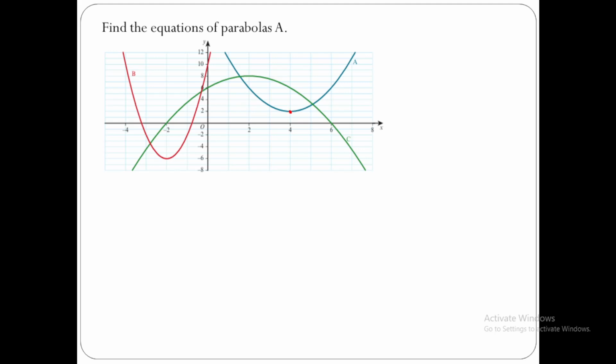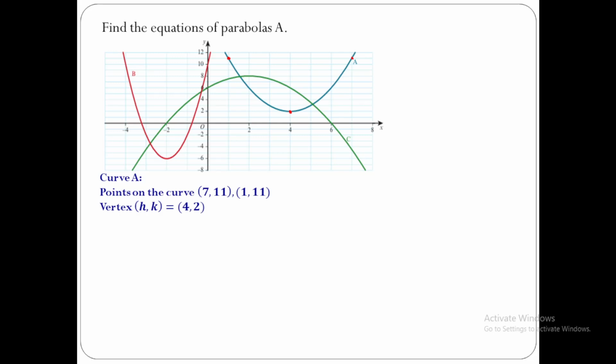This is 4, 2. And then I can get 2 points, 1, 11 and 7, 11. Take these points and we can find the equation. Points on the curve are 7, 11 and this side 1, 11, and the vertex is 4, 2.